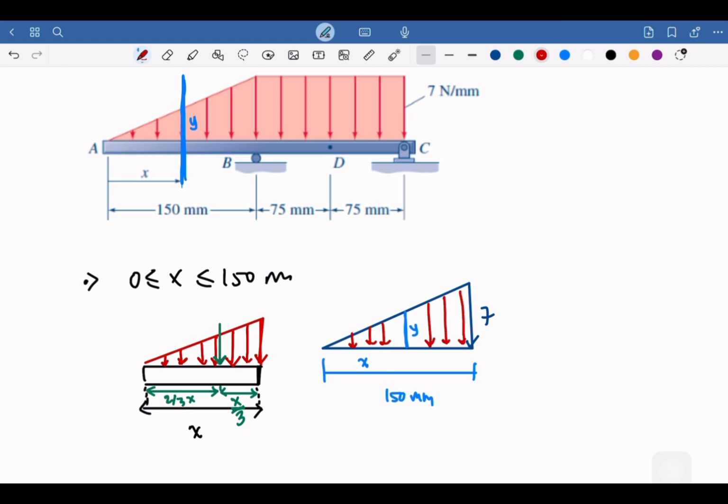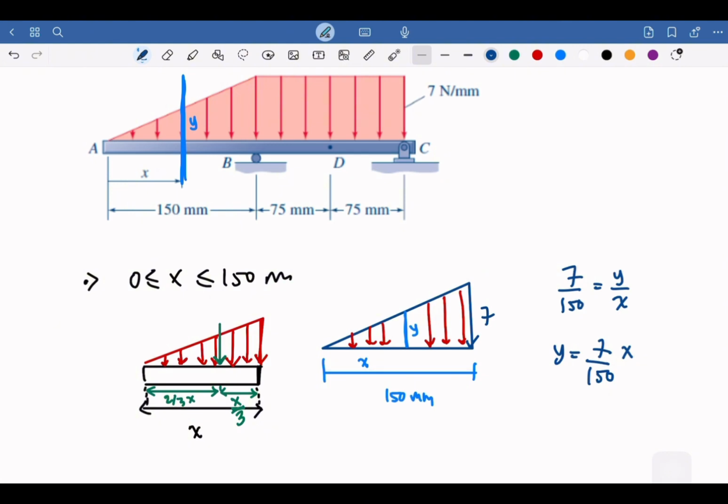Okay, so 7 over 150 is equal to y over x. So y is 7 over 150 multiplied with x. Okay, so that's your y.